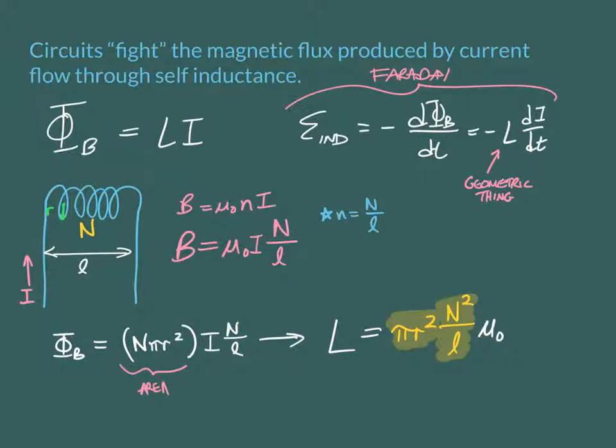So one way to understand this statement of inductance here, okay, you have all of this geometric stuff, and then you have mu naught. Whether it's mu naught for magnetic permeability or epsilon naught for electric permittivity, these are fundamental constants of the entire universe that describe quantitatively the capacity of space to tolerate either an electric field or a magnetic field.